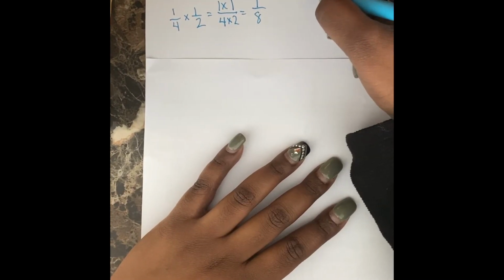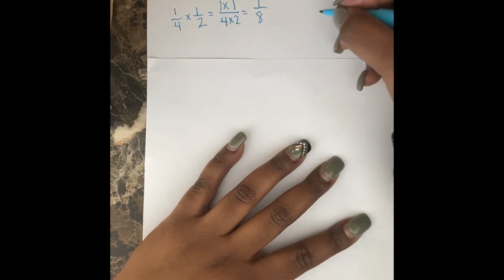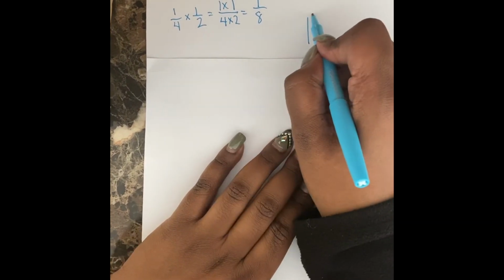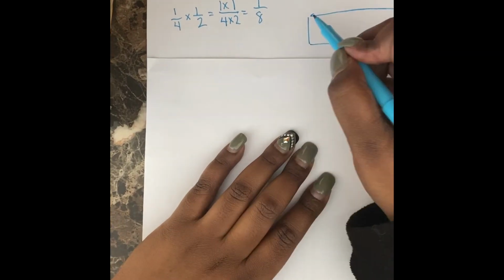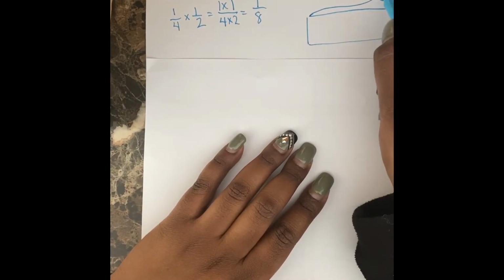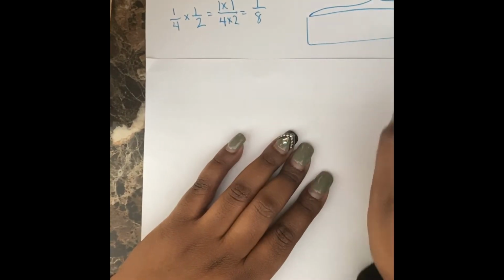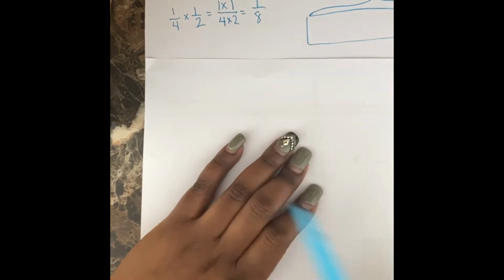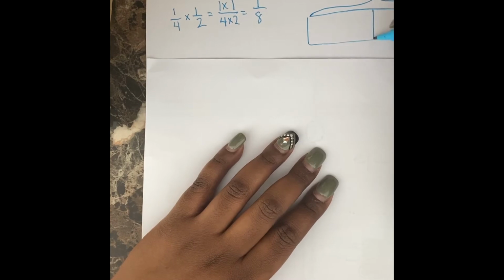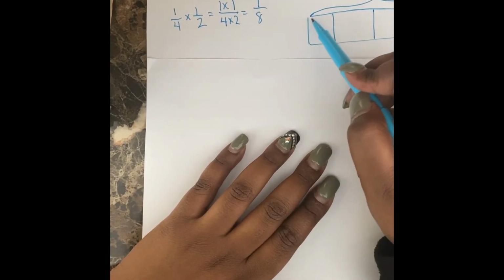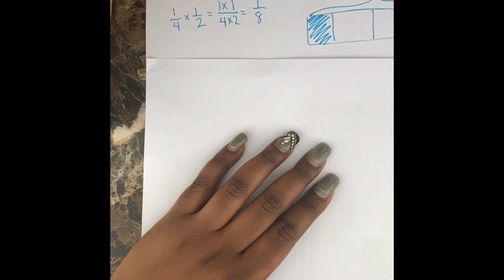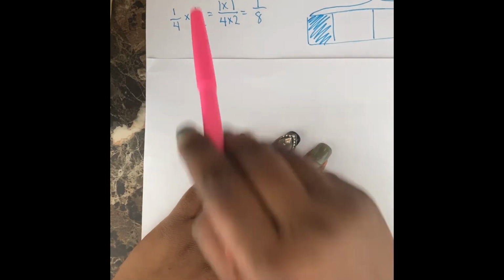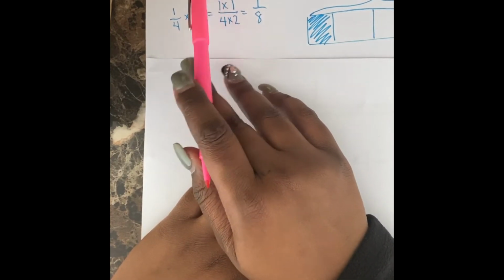Let's just check that. In this case, we are going to check using the model. So I'm just going to simply draw my model. This model represents 1 whole. We know that of our 1 whole, we need to make 4 equal pieces to represent our unit fraction. I'm going to shade one of those pieces to represent my 1/4. However, we need to now divide each part in half.